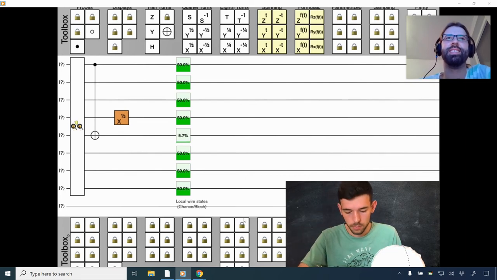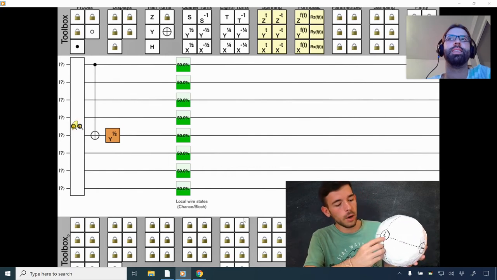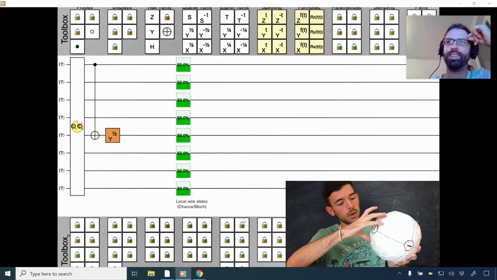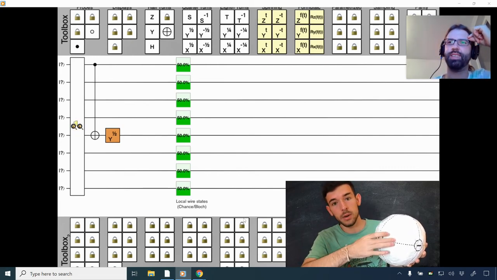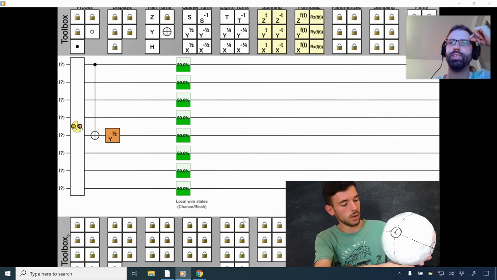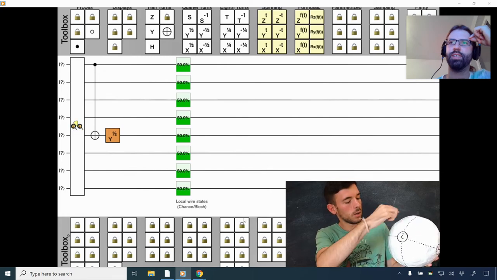So we can do the same with the y gate. We have turned around the y-axis. So if the chance now is 50%, it's because the state of the qubit is in this circumference.